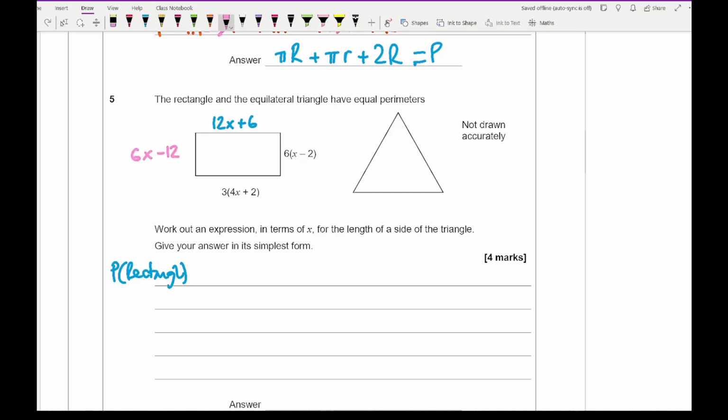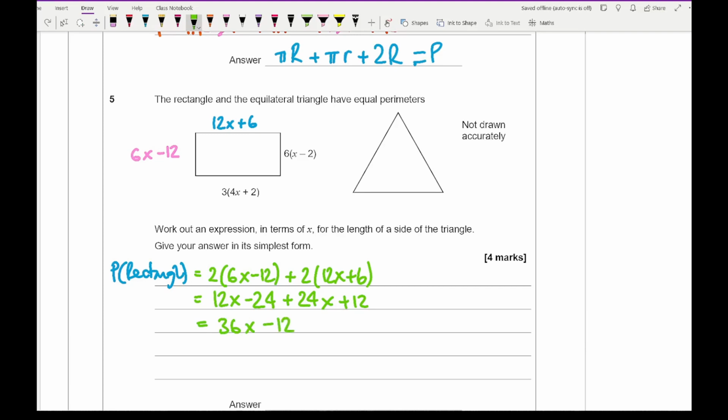So then working out the perimeter of the rectangle, it's going to be 2 lots of 6x minus 12 plus 2 lots of 12x plus 6. So then expanding the brackets, I get 12x minus 24 plus 24x plus 12. And simplifying all of that, I get an answer of 36x minus 12.